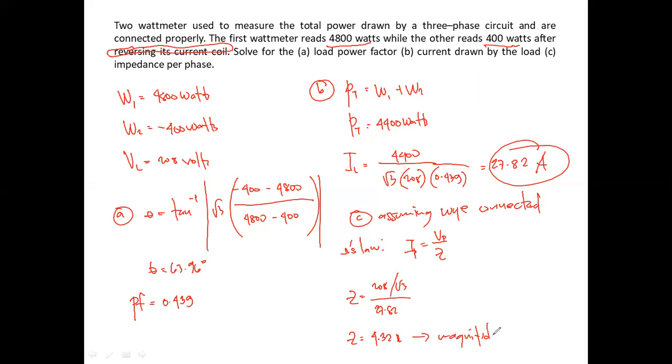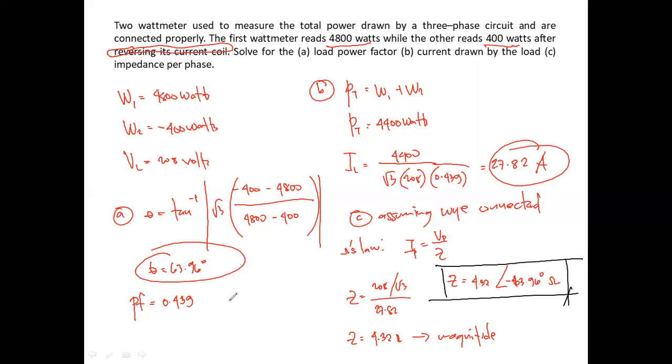So how do we write the complex form of the impedance? Recall, the impedance can be written as 4.32 angle, and this should be the power factor angle, which is also the same as the impedance angle, but we have to write negative 63.96. So why negative? Because we have a leading power factor.